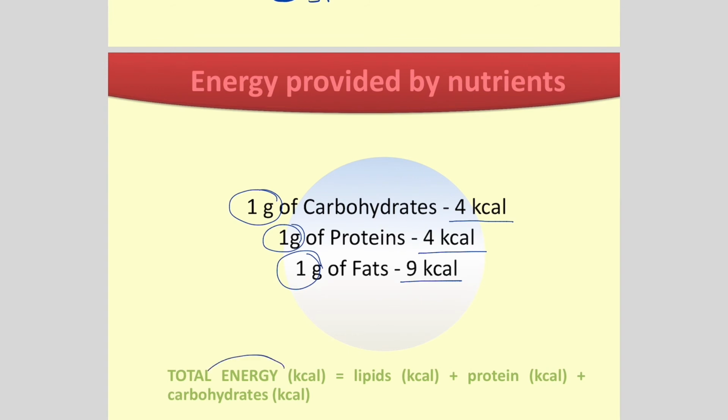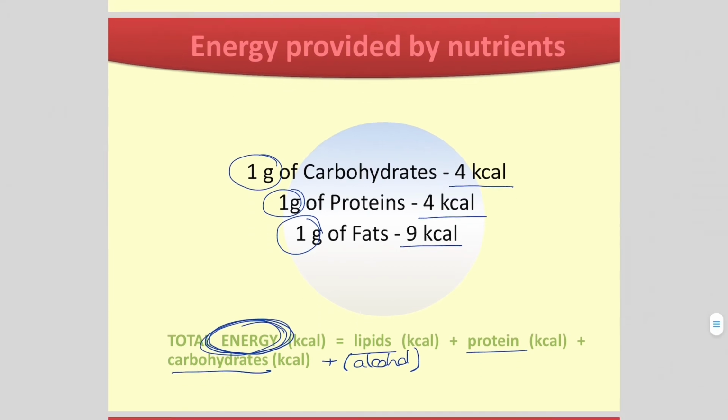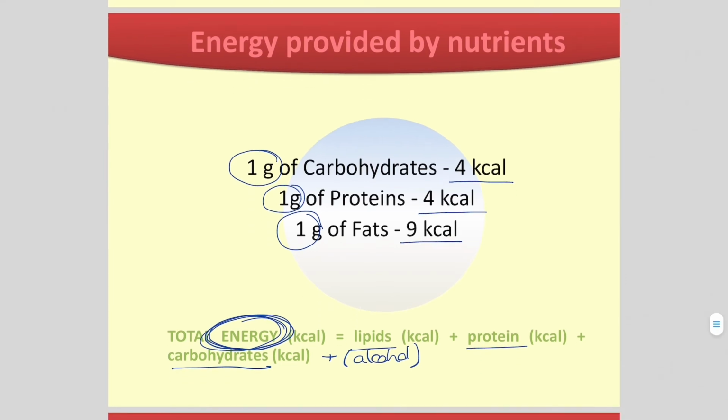So the energy we obtain in our diet comes from the sum of lipids, proteins, and carbohydrates. Vitamins haven't got calories, minerals haven't got calories. And we could add also alcohol. Alcohol has also got calories, but this is in certain situations. Normally the energy we get comes from these macronutrients.